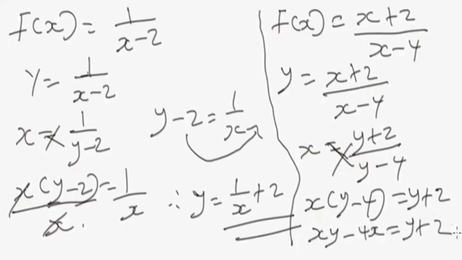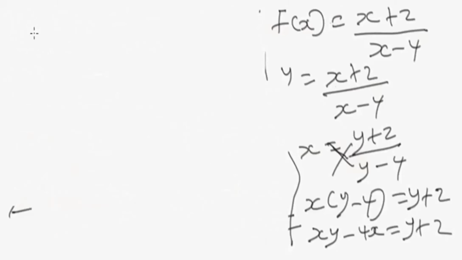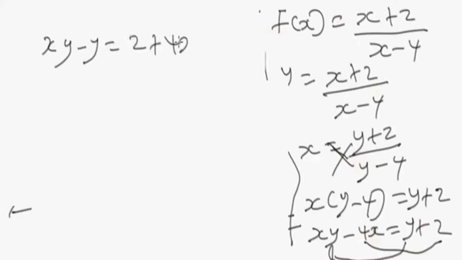When you break the bracket, I'm going to have xy minus 4x equals y plus 2. Once you have done this, this y will come over here and this negative 4x will go over there. So once you do it, you're going to have xy minus y equals 2 plus 4x. Then you factorize what we have here on the left hand side.